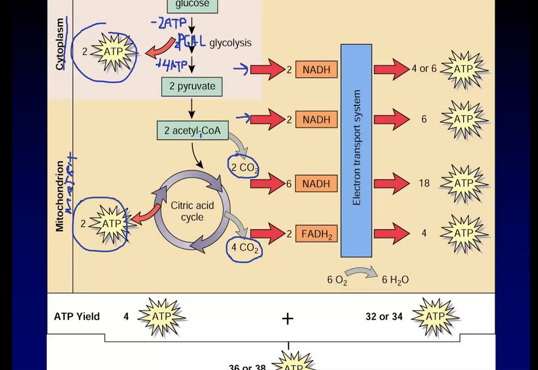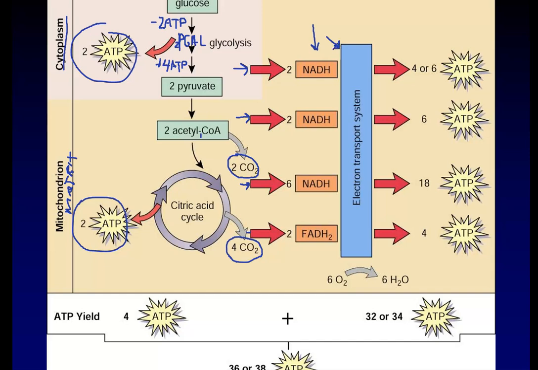And then we said some electrons and hydrogen ions will be picked up by NAD plus, as well as FAD. And we form the 6 NADHs and the 2 FADH2s, okay? And we said all of these guys, the coenzymes carrying their cargo, would move into the electron transport system, okay?